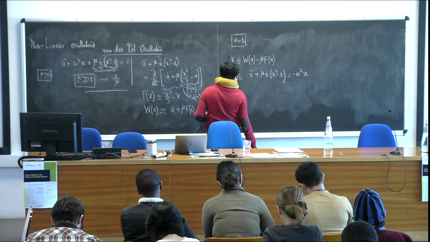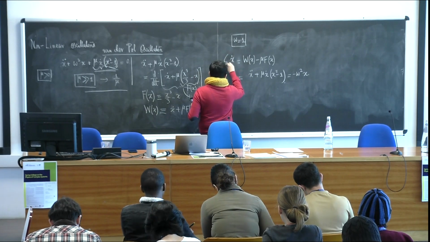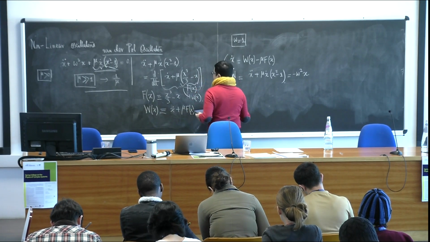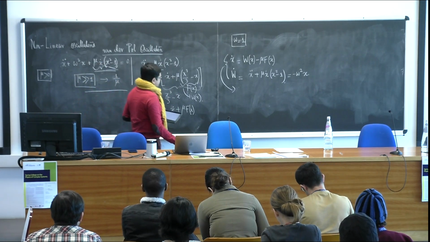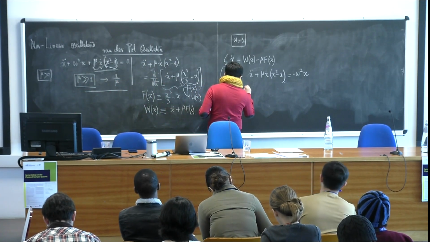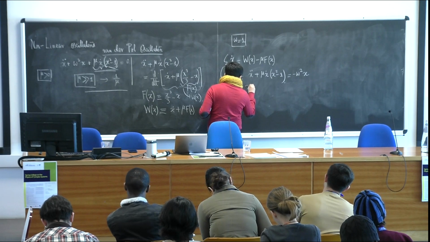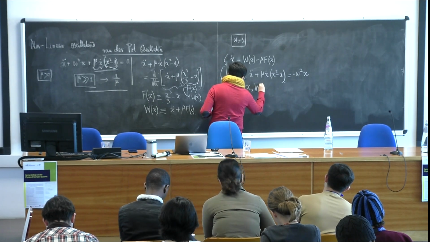Okay. So therefore, what I have ended up doing with this transformation is to replace this second order differential equation into two coupled first order differential equations in these two dynamical variables, x and w.